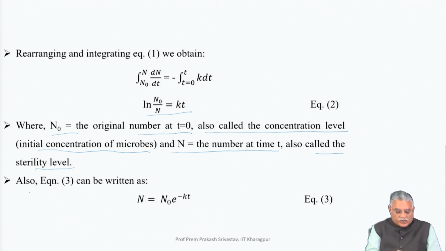Also, equation 3 can be rewritten as N is equal to N0 e to the power minus kt.